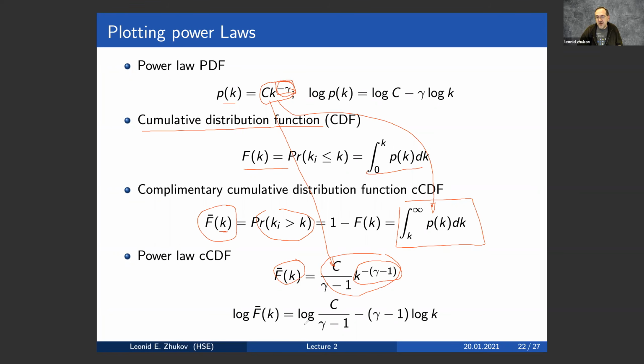And so if I take log, well, I again get a straight line. Instead of taking log of a power law, I take log of the cumulative distribution function and draw it as a function of the logarithm of node degree. It's going to be again a straight line, but the angle, the coefficient, is gamma minus 1 instead of gamma.